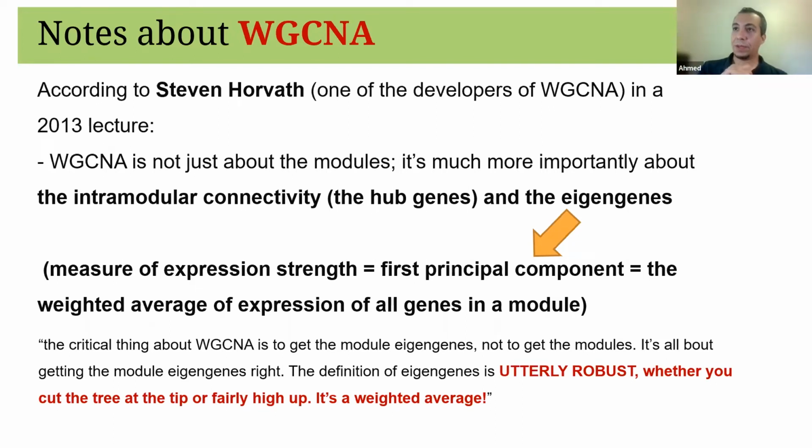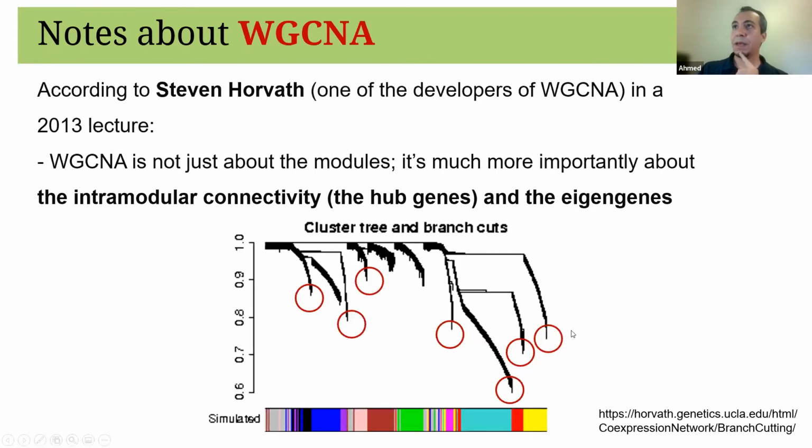So what they are saying is that this is also a safeguard. This is a layer that allows you to amend any mistakes that you made during building the network. If you were really aggressive and you ended up having so many small modules, you can link these modules back based on these eigenvectors, and you have a bigger module. Again, I'm going to show you which step exactly in the code you have control over.